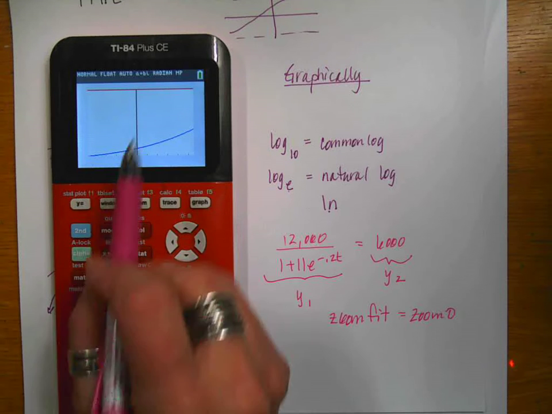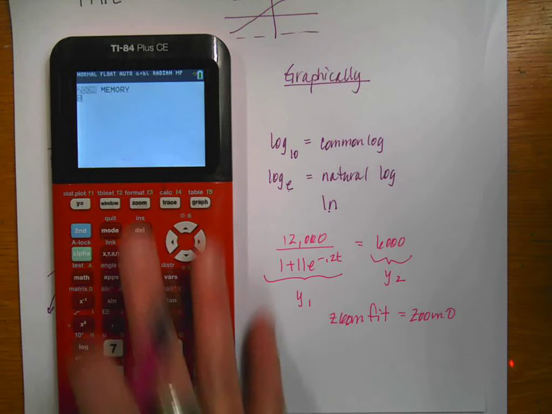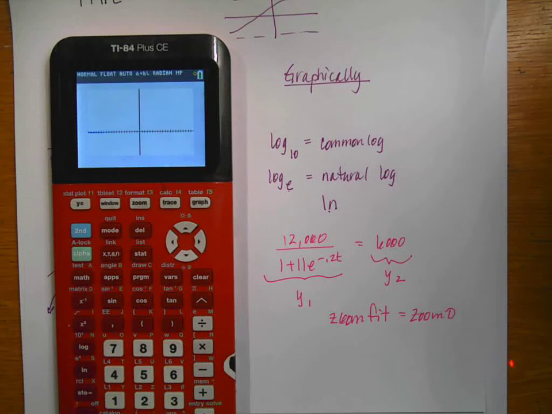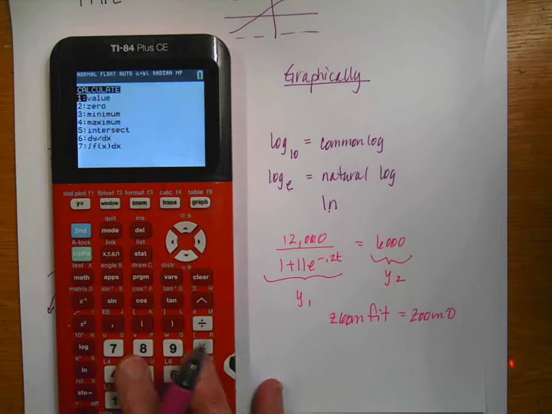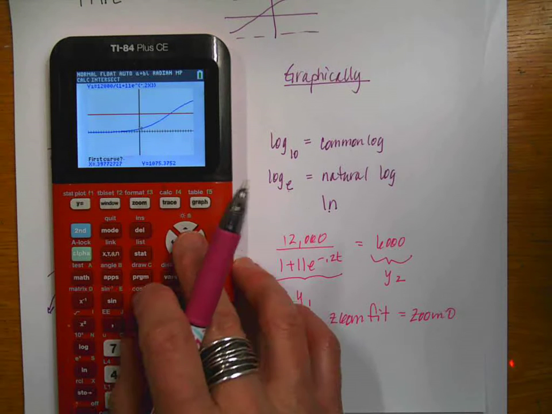Okay, so there goes my logistic growth function, and this is the y equals 6,000. I need to zoom out a little bit, zoom 3, enter. Here comes my logistic growth function, and there comes my horizontal line. The goal is to find that point of intersection.